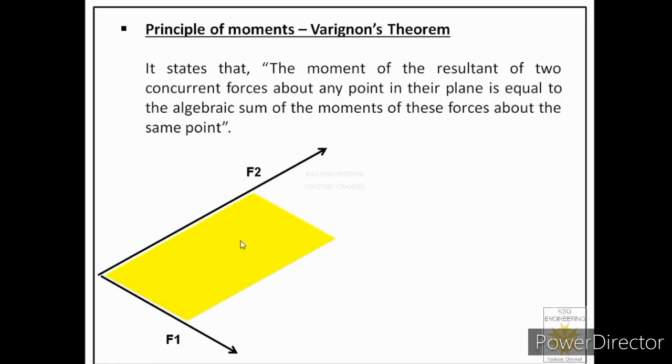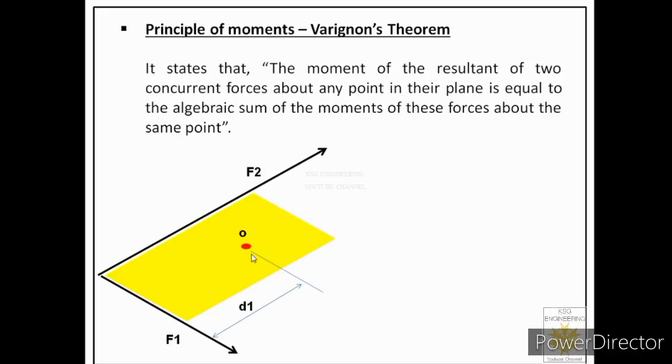Let us say this is their plane. Now in this plane, let us consider one point and name it O. This is the moment center, meaning about this point we will calculate the turning effect of these two forces separately, or the moments generated by these two forces about this particular point.